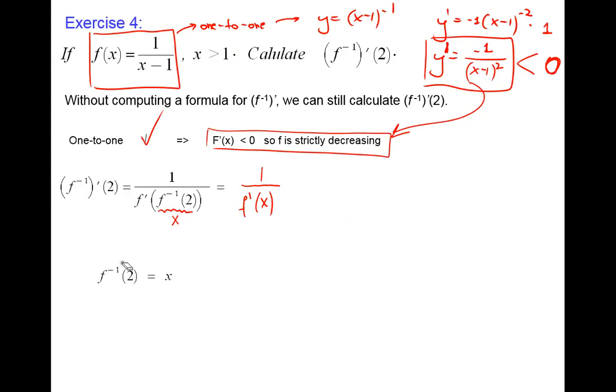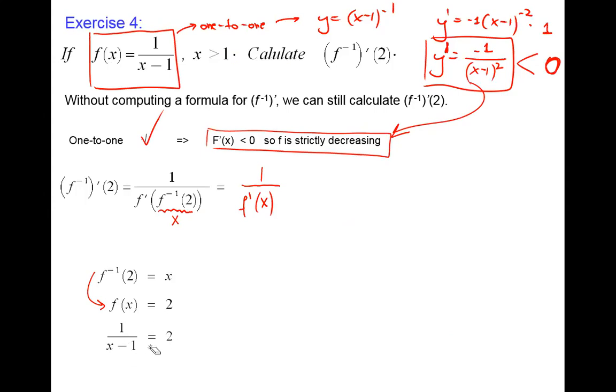In order to solve this equation, I will interchange. I will use the definition, and I will say f of x is 2. Do you agree with that step? Yeah, it's just what we did. f of x is 2, f inverse of 2 is x, interchanging x and y. I do have the formula for f of x, which is 1 over x minus 1 is equal to 2.